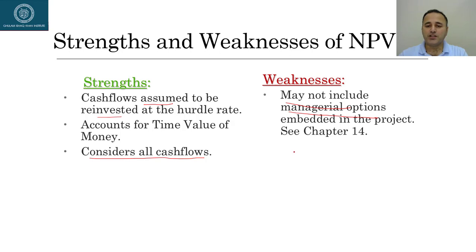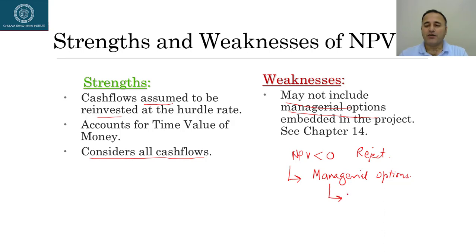Sometimes the net present value for a certain project, let's say, is less than 0. So only on this simple criteria, you may reject this project. But NPV does not take into account what they call managerial options. And one of the most important options is actually their ability to operate in Pakistan.